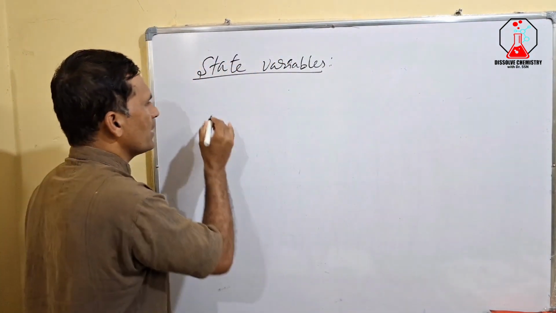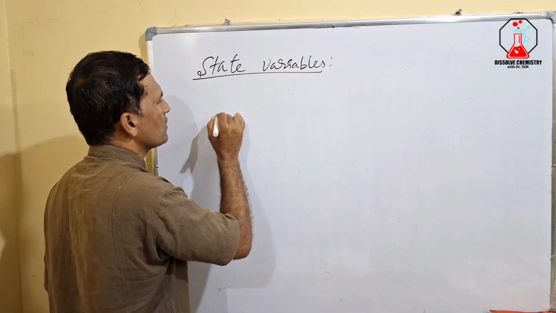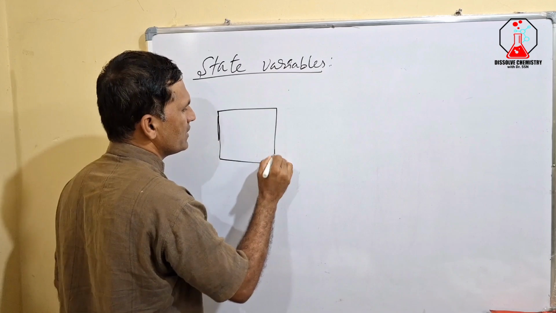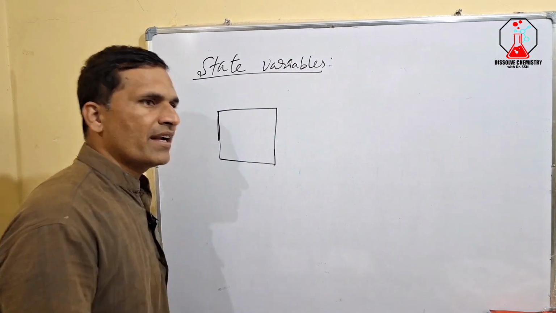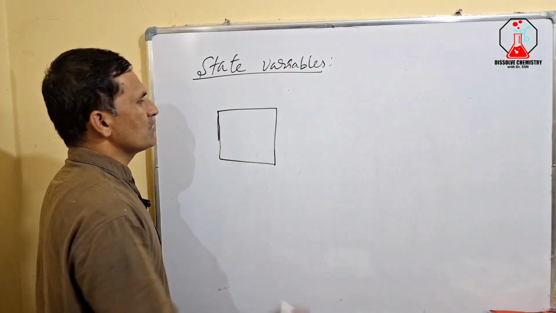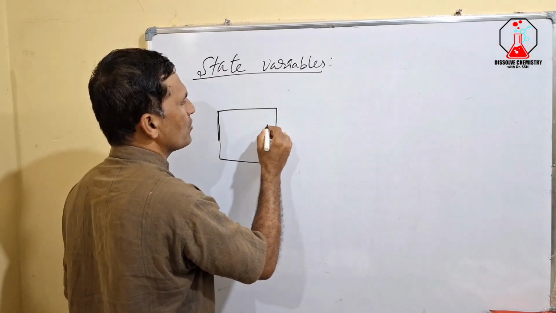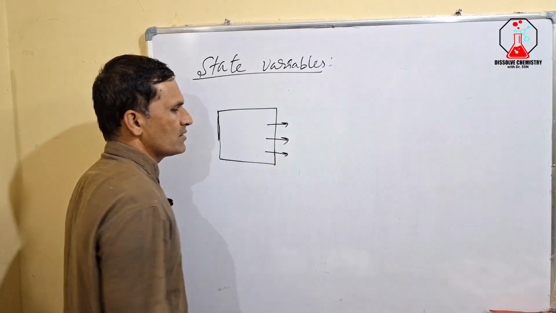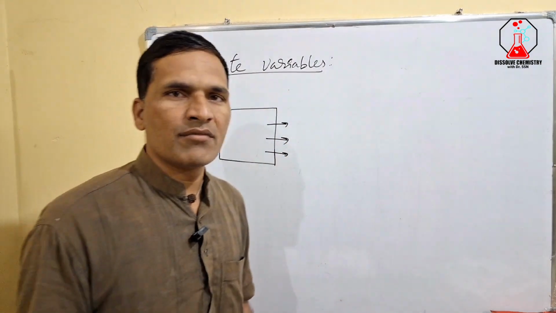Similarly, when you take a thermodynamic system, that system has to be described or defined by some terms, and those terms tell you the state of the system, at what state it is existing.